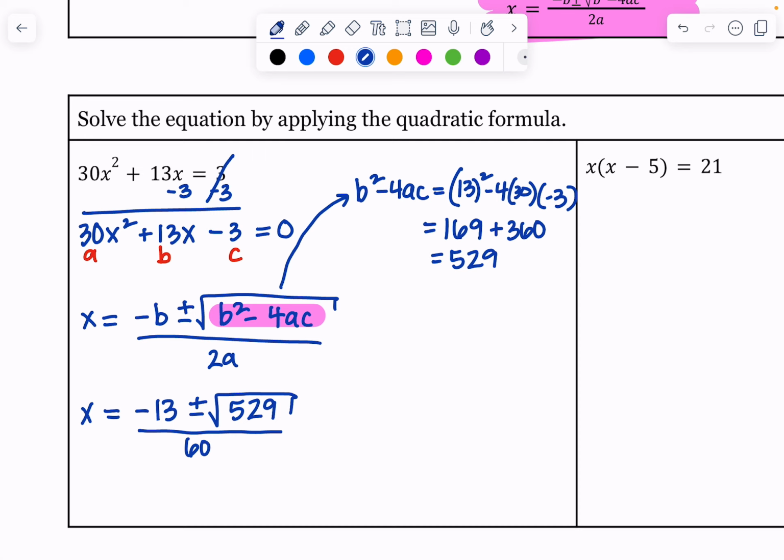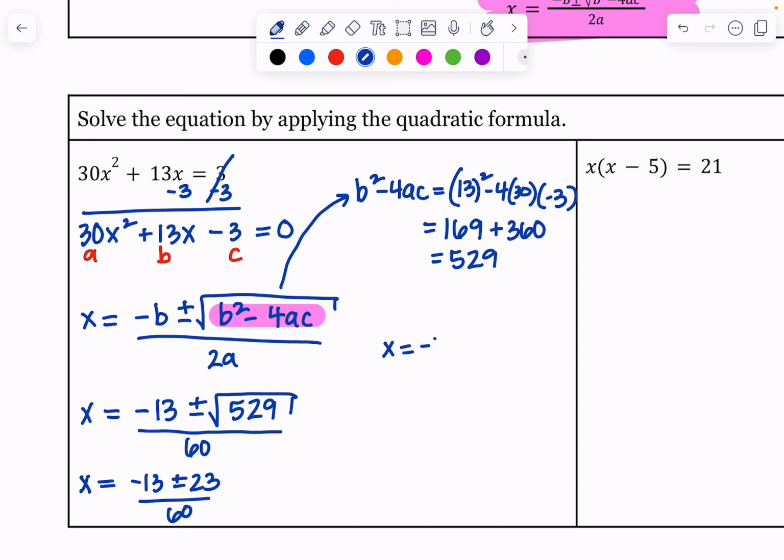So if I do the square root of 529, that would be 23. So this is going to be x equals negative 13 plus or minus 23 over 60. It's not really wrong to leave it this way, but I don't think that the online platform will take this as an answer. So we have two solutions.